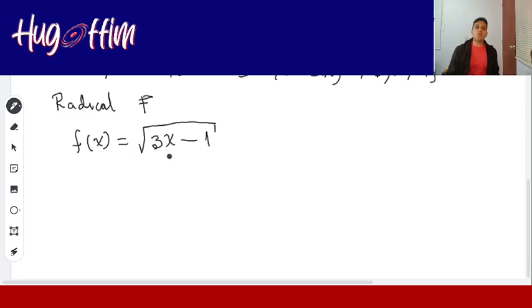Now I want you to wonder, before I continue, what will be the option that we need to put here in our function to calculate the domain. What are the possible values of x that are not allowed?